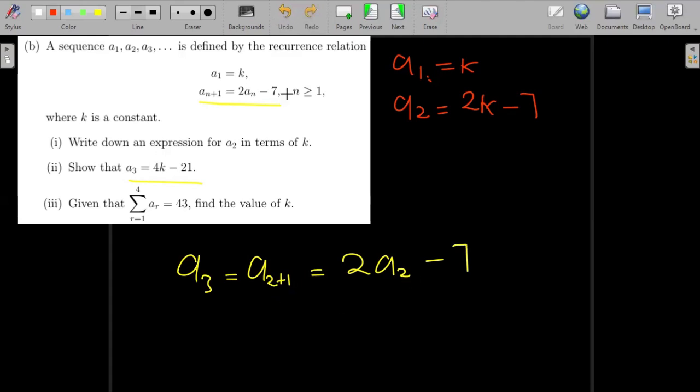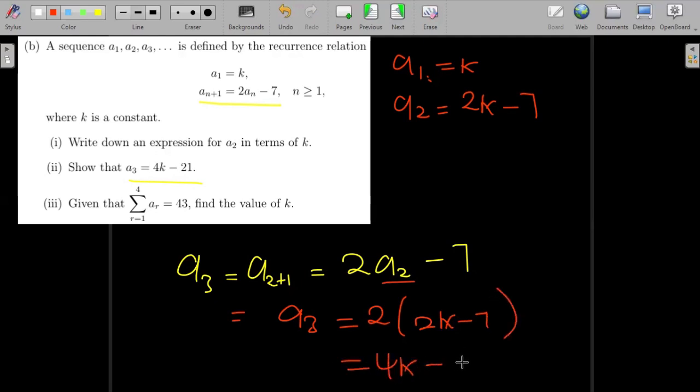So A3 will be equal to 2 times A2, which is 2K minus 7. So this whole thing here represents A2, and then I forgot another 7 here.